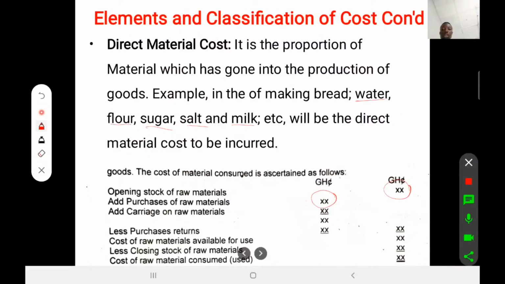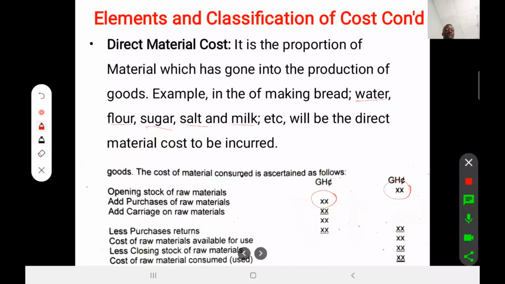So here you're going to have carriage. If there's carriage, it means that when you purchased the raw material, you couldn't carry it on your own. So you hired, or bought, a vehicle to transport it from where you bought it to your warehouse. So by any means upon which the materials get to your store, that becomes carriage on raw material. If there's carriage on raw material, you need to add it to your purchases.